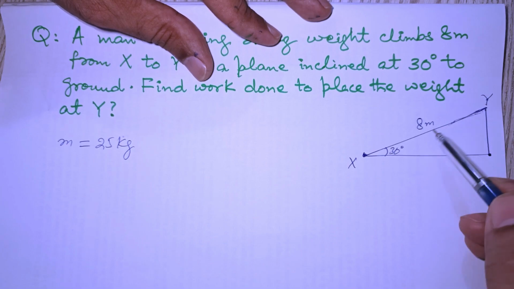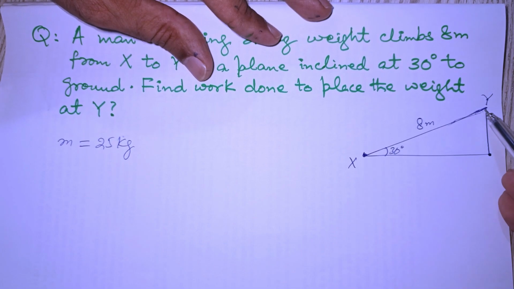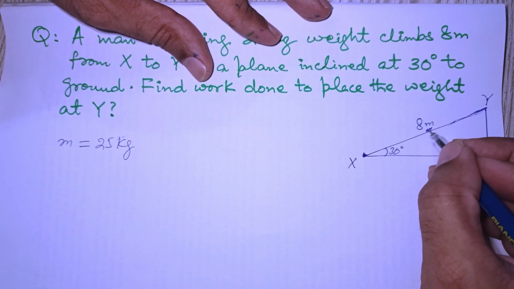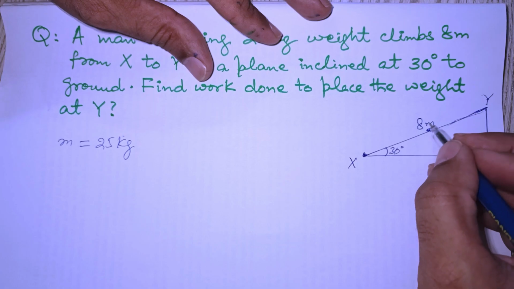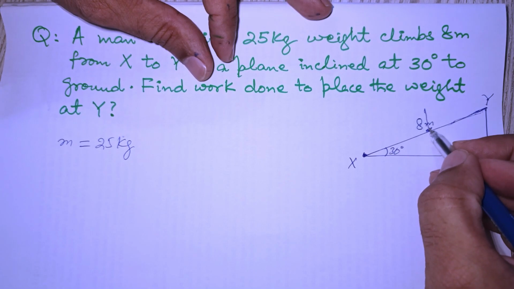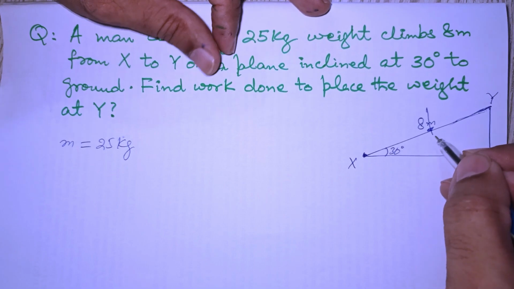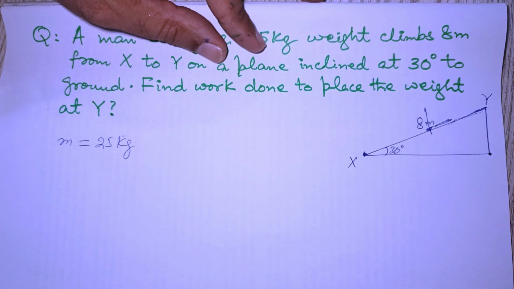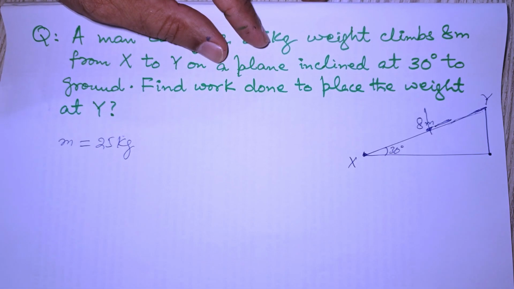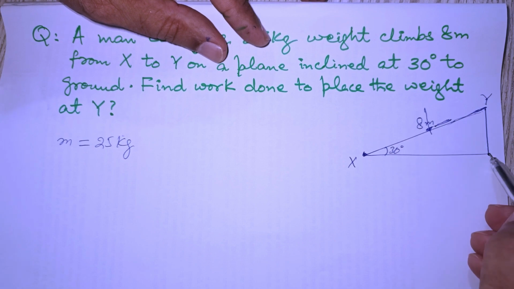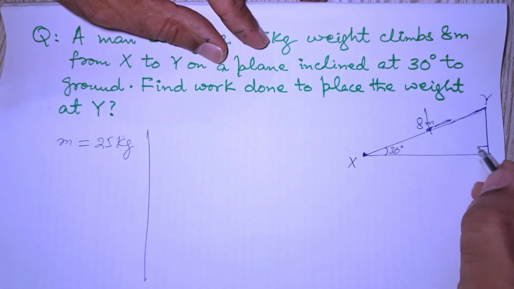The person has to move the weight from X to Y on this path. When he moves over this path, the weight will have two components. One component will be perpendicular to the surface, and the other one will be parallel to the surface. We have to find out the perpendicular one because horizontal has no role in it. For that, we use this right angle triangle.